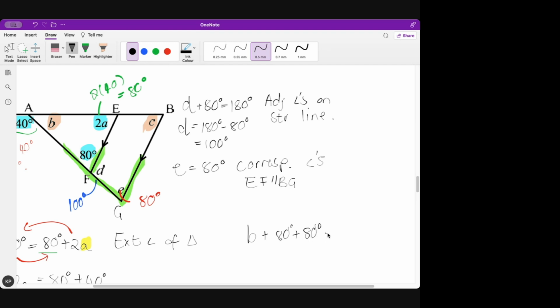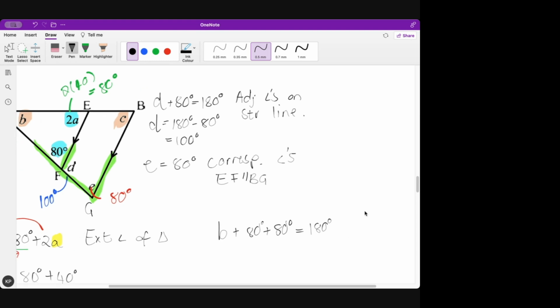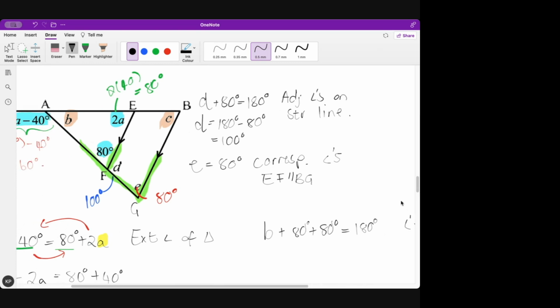What can you tell me about that triangle after what I just wrote? What type of triangle do we have here, guys?